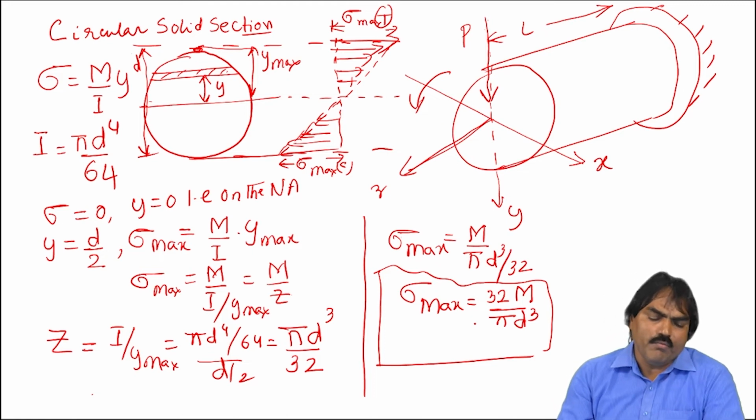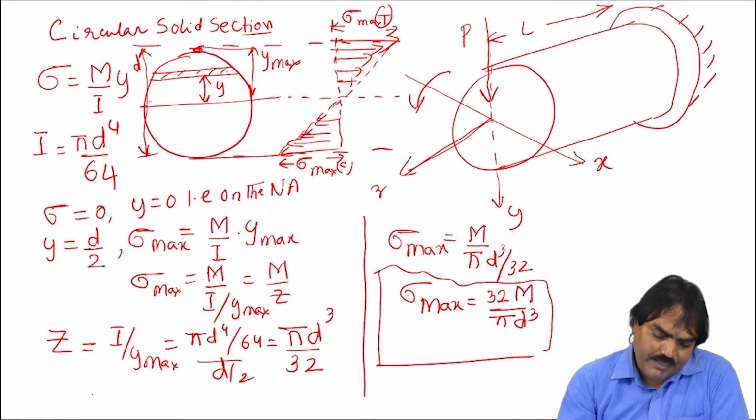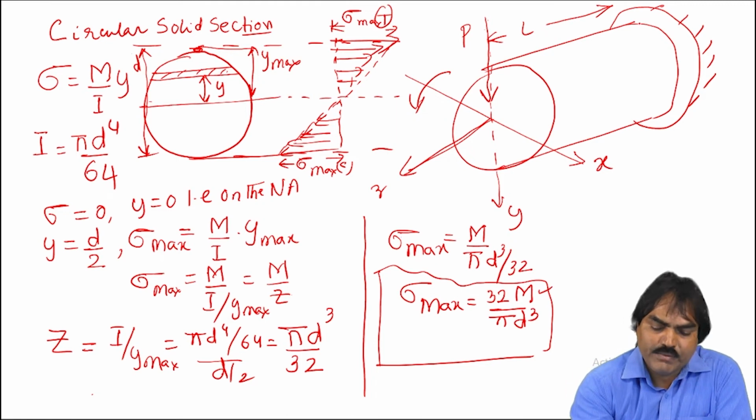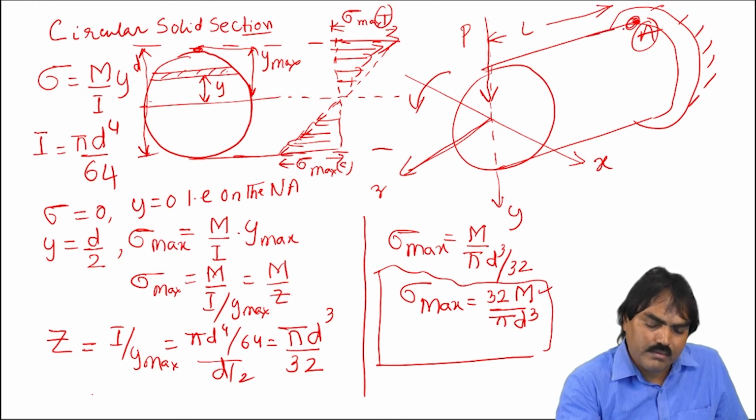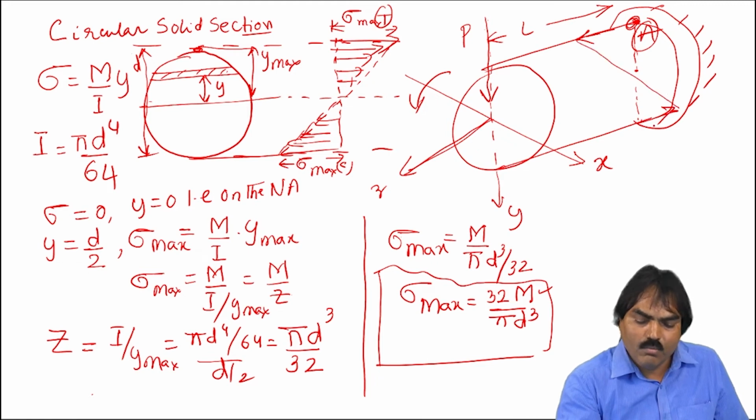The maximum bending stress occurs where the moment is maximum, so the moment will be maximum at the fixed end, this point A. If you show the stress on the structure, it will be like this. This is the center, and it will decrease like this. Bottom will be compression, top will be tension.